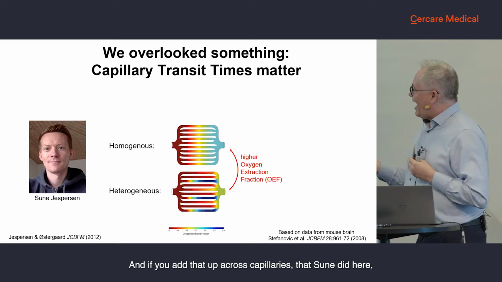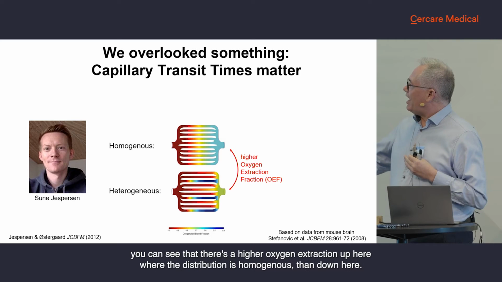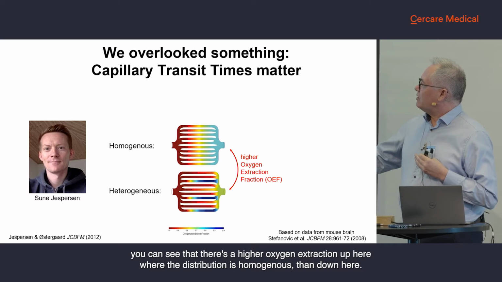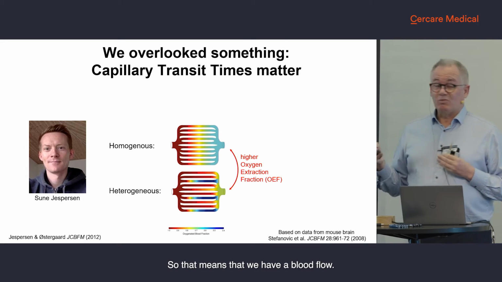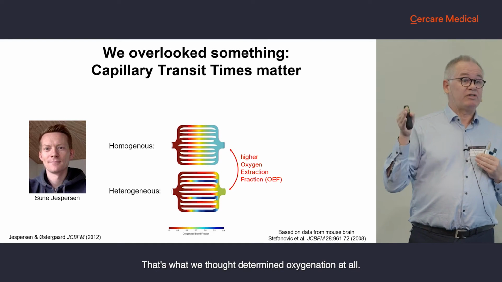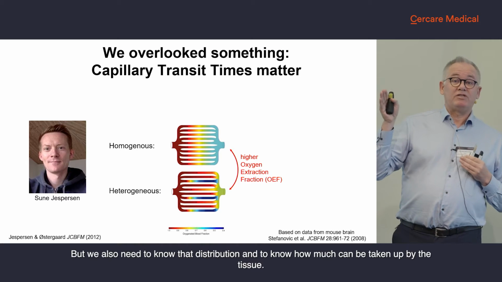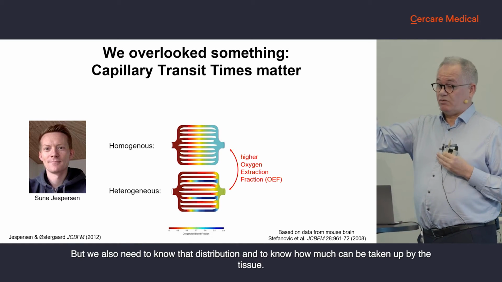And if you add that up across capillaries, as Sune did here, you can see that there's a higher oxygen extraction up here where the distribution is homogeneous than down here. So that means that we have a blood flow, which is what we thought determined oxygenation at all. But we also need to know that distribution to know how much can be taken up by the tissue.